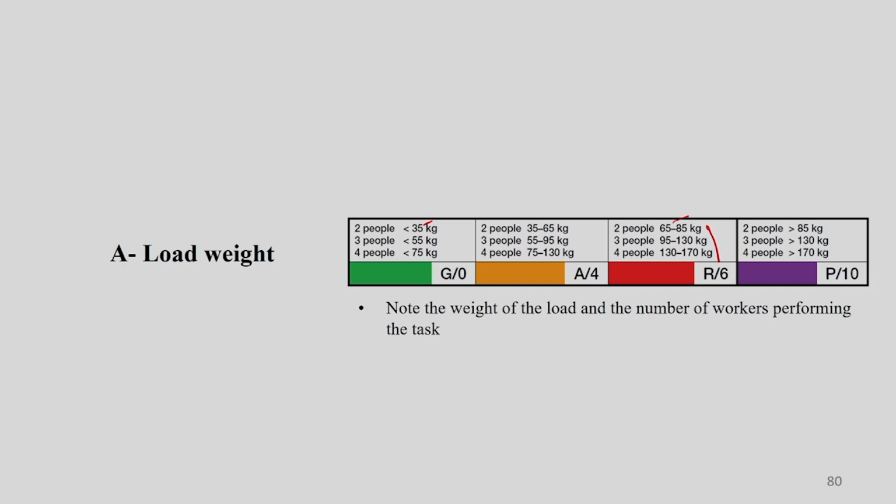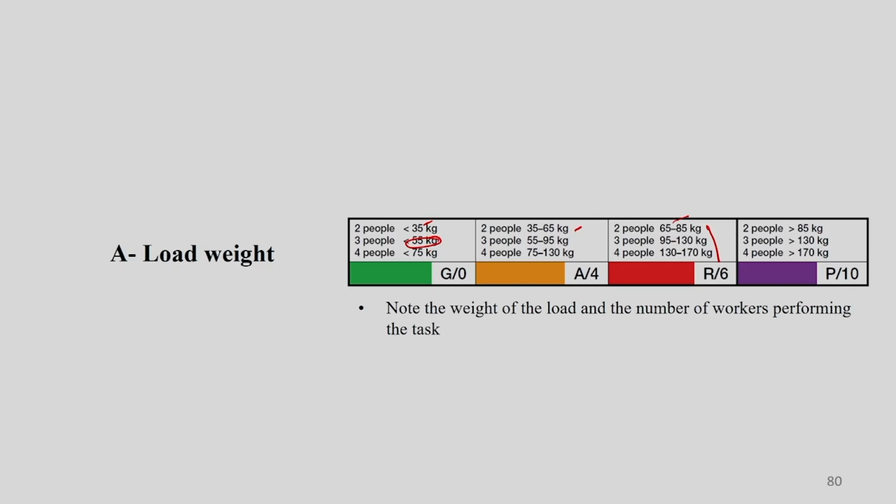So note the weight of the load and the number of workers performing the task is very important. If it is 55 kg and the number is 3, then it is green, whereas for the same weight if the number is 2, then it is amber.